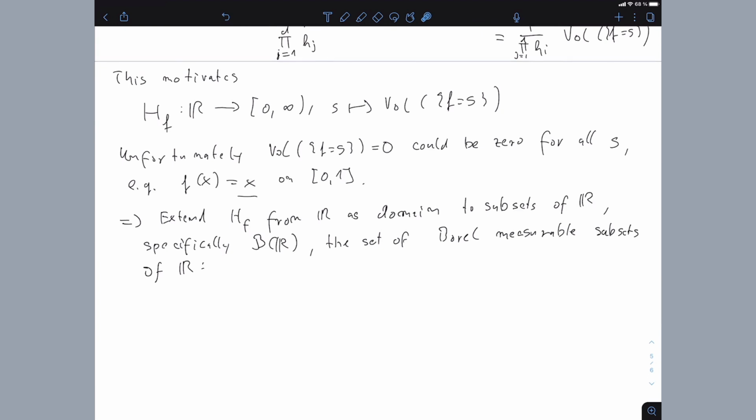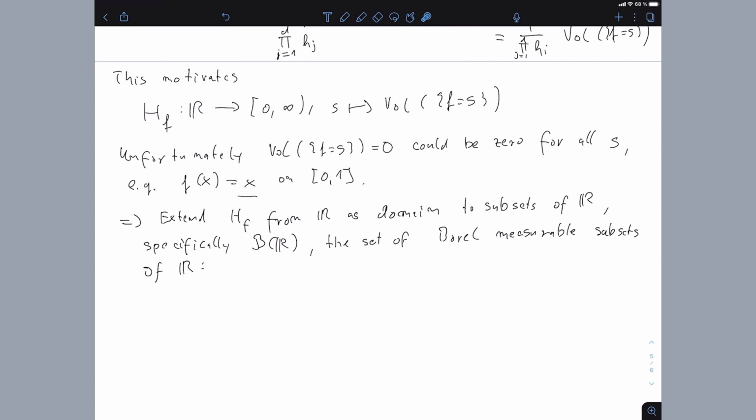Essentially, you start by taking all the open intervals, and then you have to do some closure to make a sigma algebra out of this, but you can think of intervals for now, so that we not only check if the value is s, but if the value is in the range s minus 1, s plus 1, for instance.